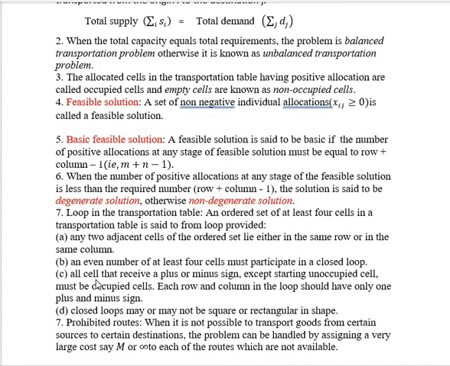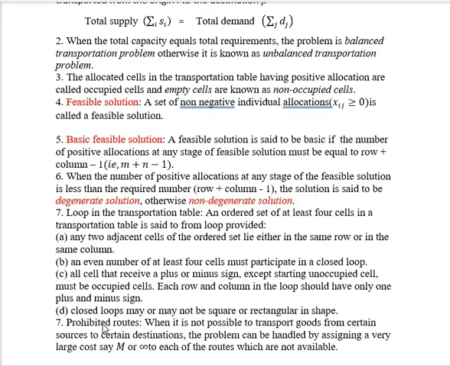Also, all cells that receive a plus or minus sign, except the starting unoccupied cell, must be occupied cells. Each row and column in the loop should have only one plus and one minus sign, and closed loops may or may not be square or rectangular in shape.